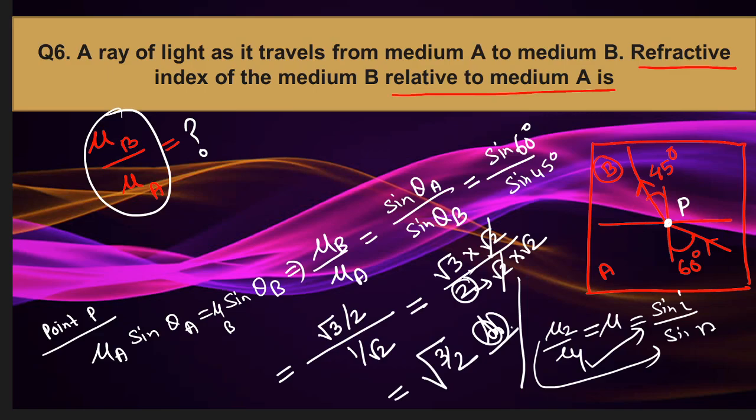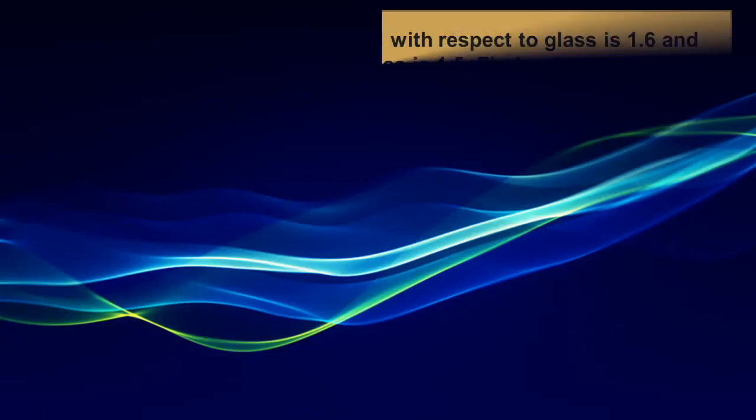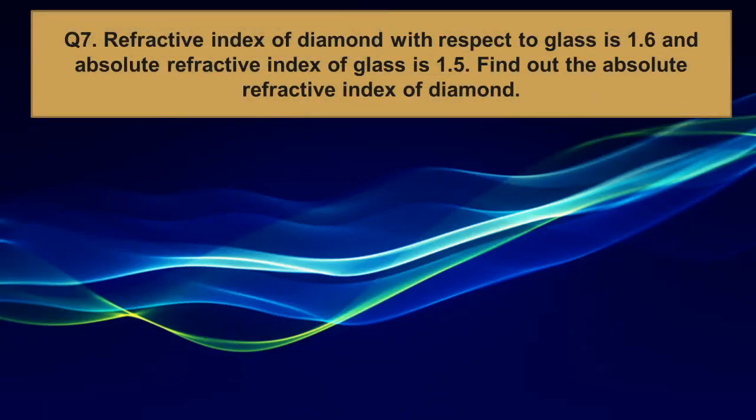Okay, now let's try to solve question number 7. Refractive index of diamond with respect to glass is given as 1.6. It means the refractive index of diamond with respect to glass is 1.6. The absolute refractive index of glass is 1.5.